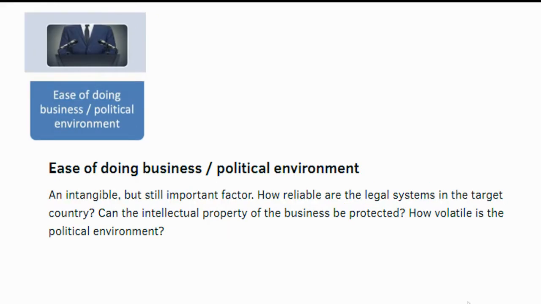Ease of doing business, political environment. So again, you can't put a number on it like some other things like population and economics, but you can consider it still. If there's civil unrest, if there's some very difficult political and legal systems in the country, can you justify going there or not?